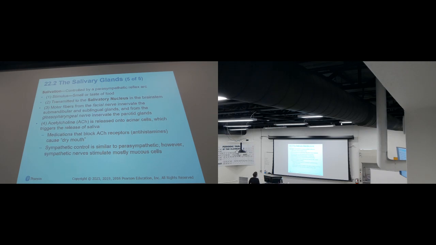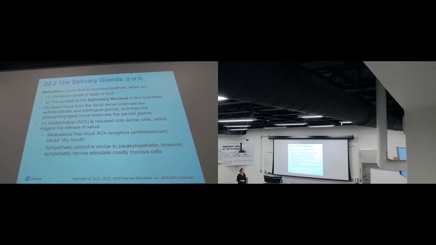Now, for the sympathetic system, the control is similar. When I was talking about the nerves before, that was part of the parasympathetic system. But the sympathetic system also plays a role in salivation, not only the parasympathetic system.